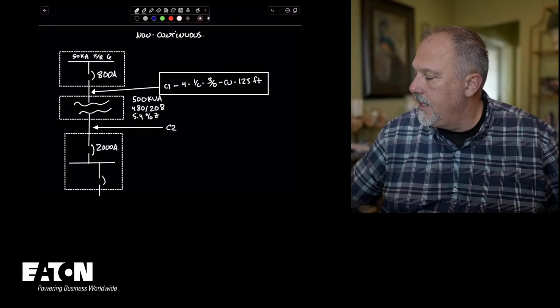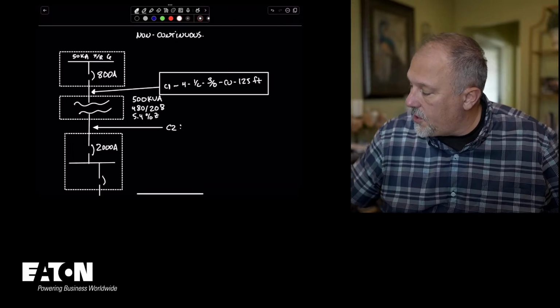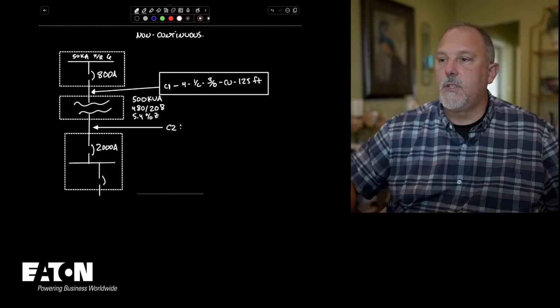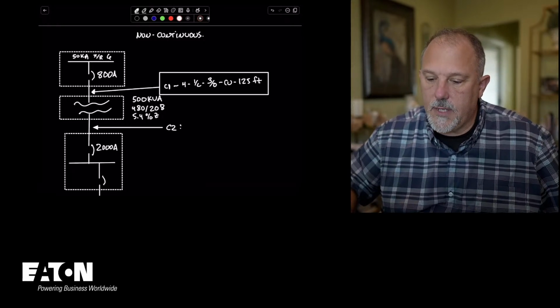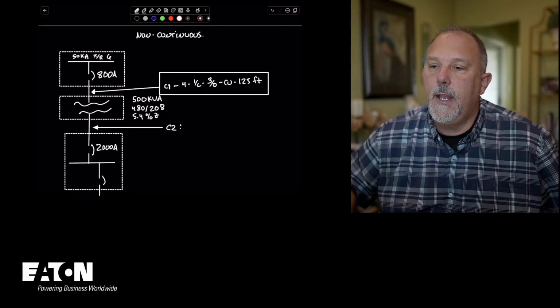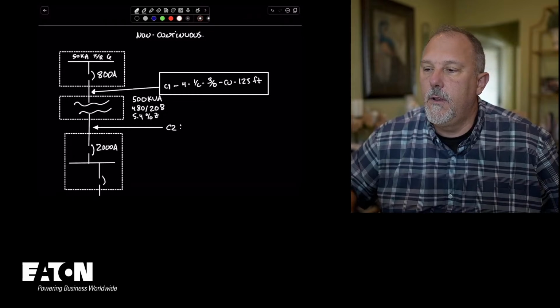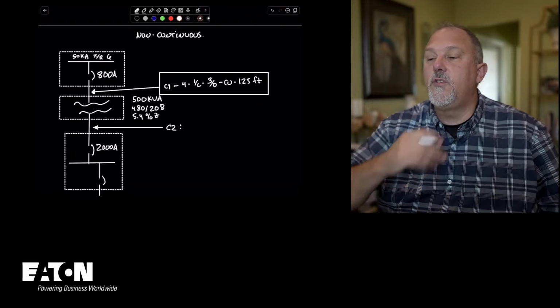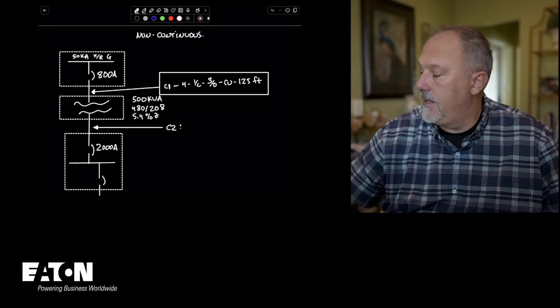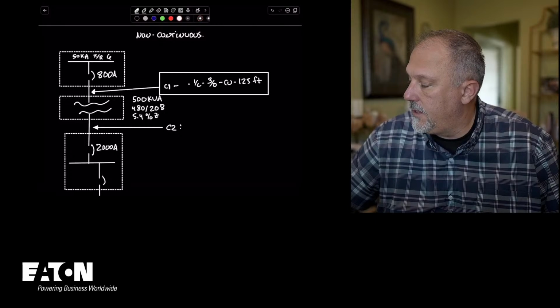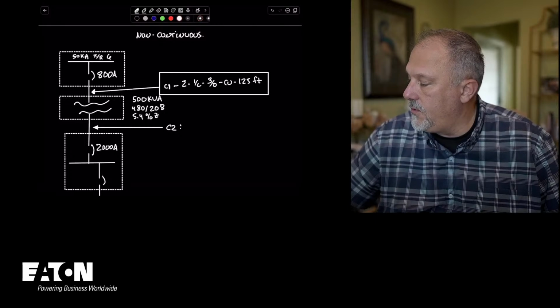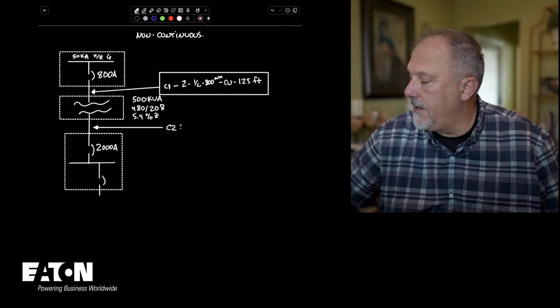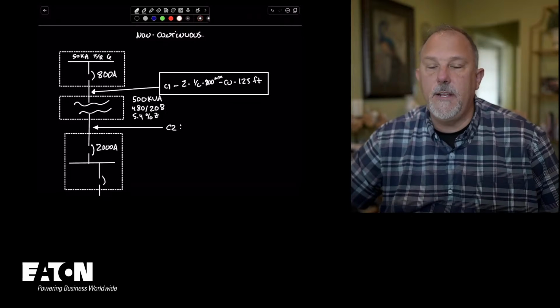All right. For conductor number 2, I need 2,000 amps. So 2 800s. Ooh, 2 800s. You want to go with 2 800s. All right, we're going to do it. 2 single conductor 800 MCM copper, 125 feet.